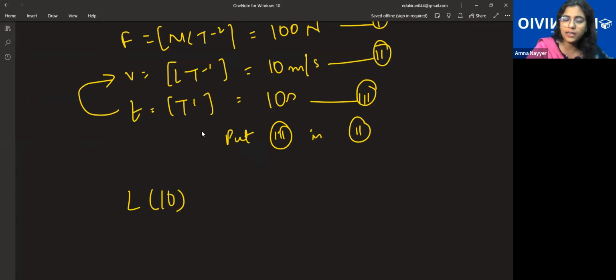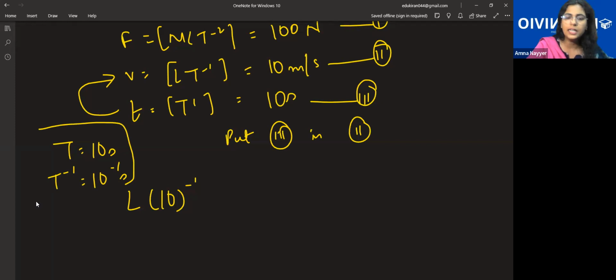So 10, but the power is minus 1. See, T is equal to 10 seconds. So t to the power minus 1 will be 10 to the power minus 1 seconds. This concept is clear. So this is what I have: L into t to the power minus 1, this is equal to 10 meter per second. Correct. So what will L be equal to?